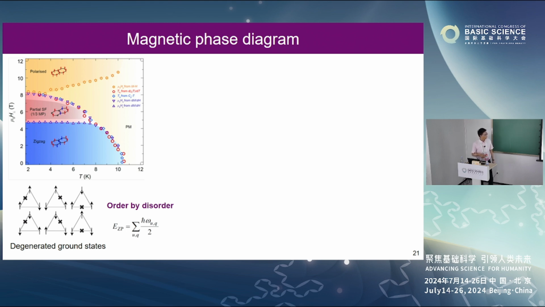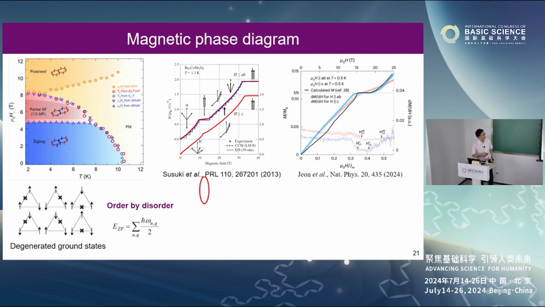So you have a strong quantum fluctuation, but this kind of quantum fluctuation will give you an ordered state. This sounds weird, but it is actually realized in quite a few triangular systems. And people also proposed, very recently, in a paper just published this year, that they also observed this kind of plateau phase in the Kagome system.